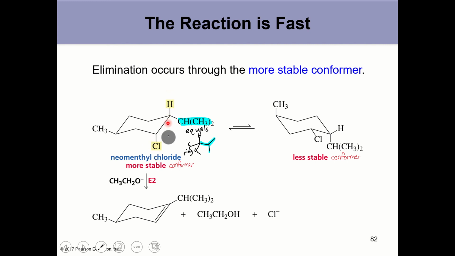So we can perform an elimination directly from the more stable conformer, losing chlorine, and this is E2. So we remove the hydrogen, the electrons collapse, and chlorine gets kicked off. So we have a base. In this case, the base is ethoxide.